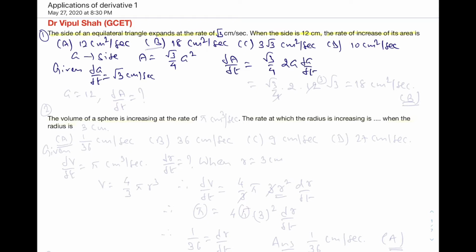What we want? When the side is 12, so when A is 12, the rate of increase of its area, so dA by dt, that we need to find.